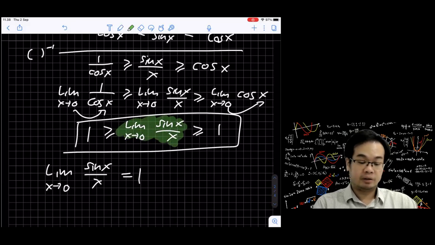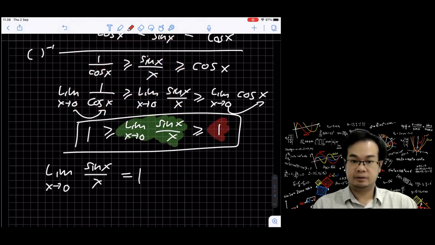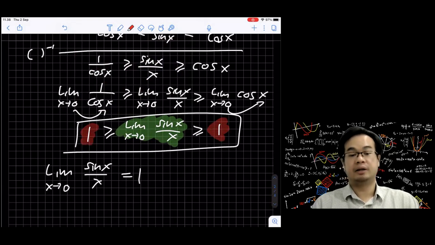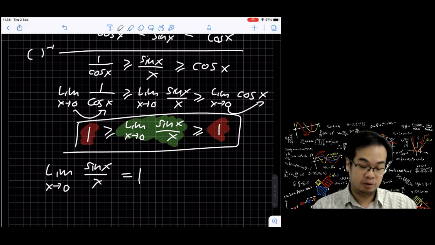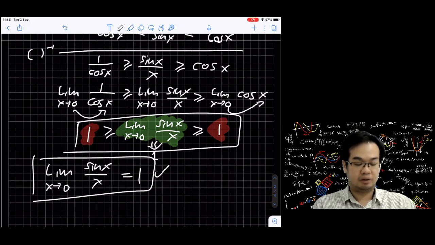It must be less than or equal to 1, and it must be greater than or equal to 1. So of course there is no other value than 1 in between, right? The only solution is that this is equal to 1. So that's why we can conclude, and it is proven, that the limit of sine x over x as x approaching 0 is equal to 1.